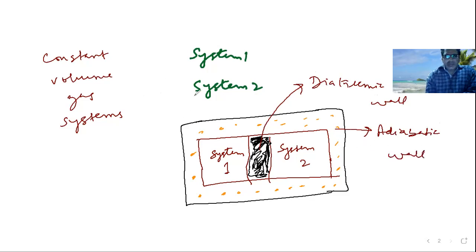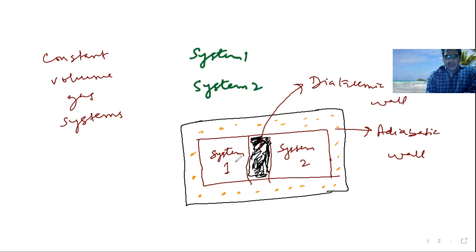I repeat, I have two systems, system 1 and system 2, which are isolated from their surroundings and from each other. They are constant volume gas systems. Now what I do, I bring them in thermal contact with each other.